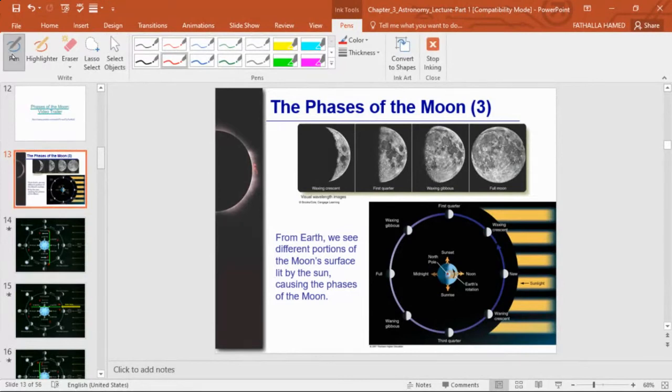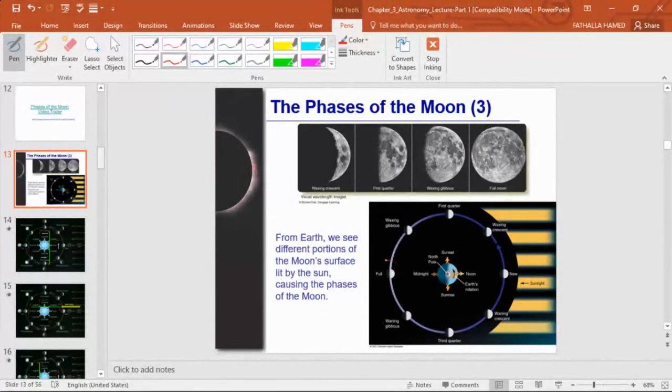So when we have a new moon, the half of the Moon that's facing the Sun is not going to reflect any sunlight to us, and the other half that's facing us is not getting any sunlight, and that's why at the moment of a new moon we're not going to see any part of the Moon.